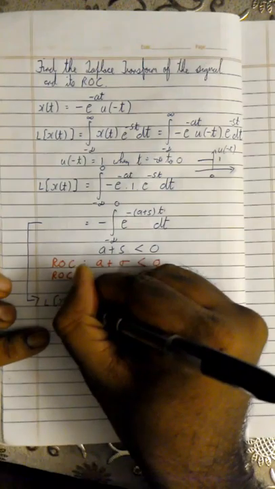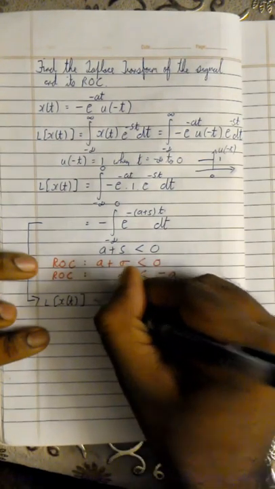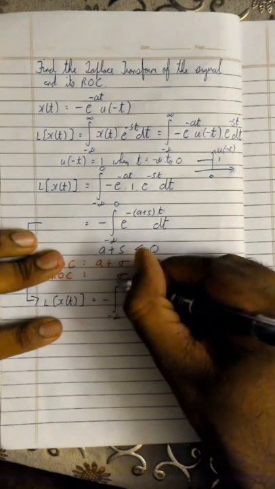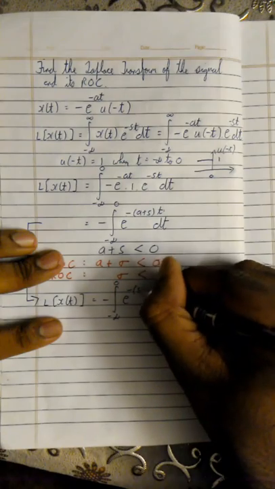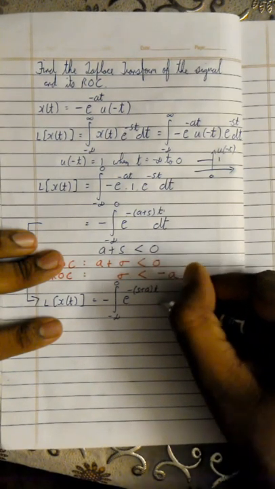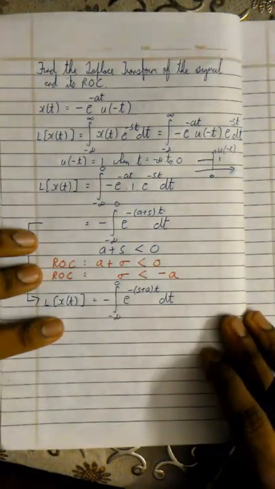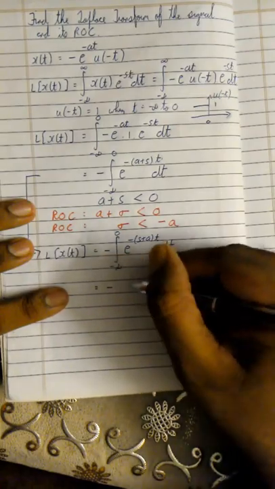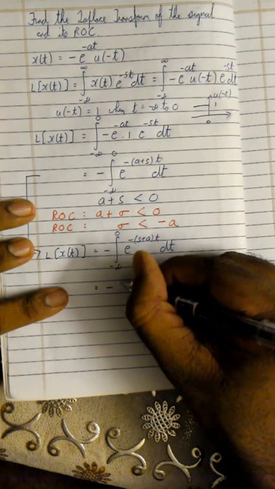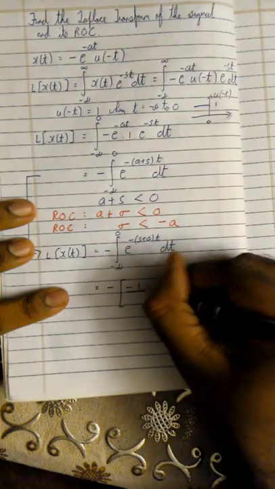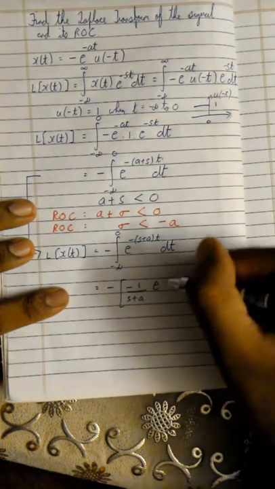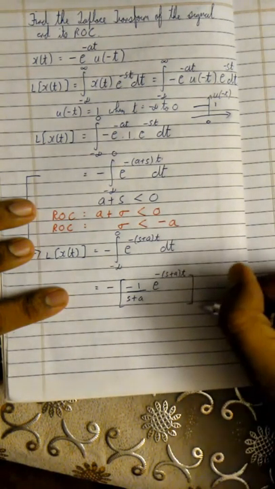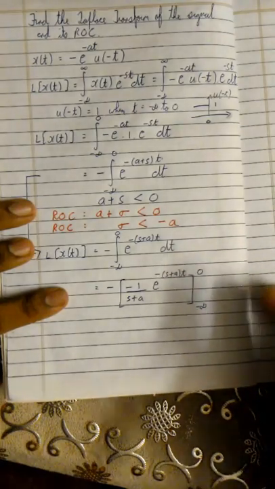The Laplace transform of x of t is equal to minus of integral minus infinity to 0 e raised to minus of s plus a into t dt. Okay. So now this is also equal to minus 1 by s plus a into e raised to minus of s plus a into t from minus infinity to 0. Okay.